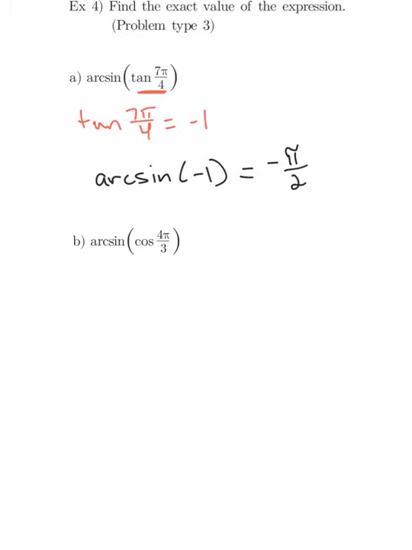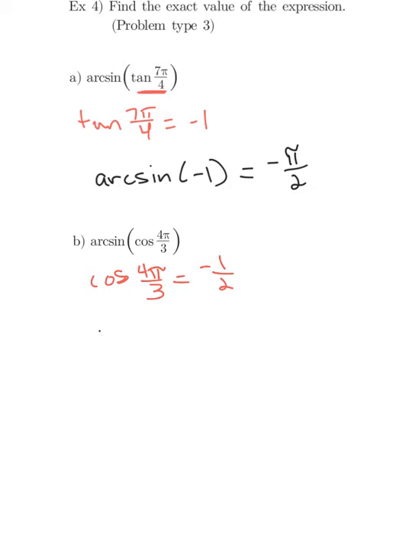On B, we want to do the arc sine of the cosine of 4 pi over 3. So the first thing we're going to do is think about the cosine of 4 pi over 3. What does that equal? That equals -1/2. So we are going to replace cosine of 4 pi over 3 with what we know it's equal to.